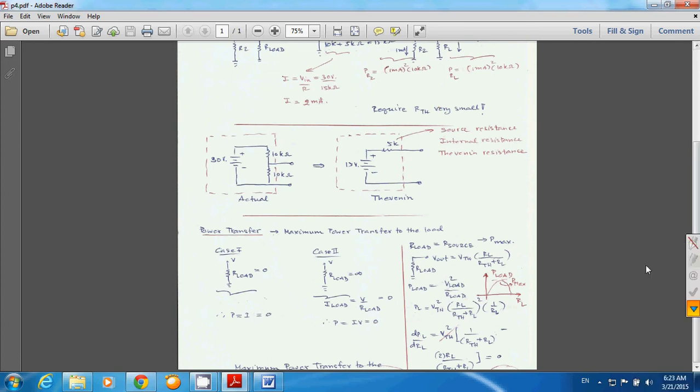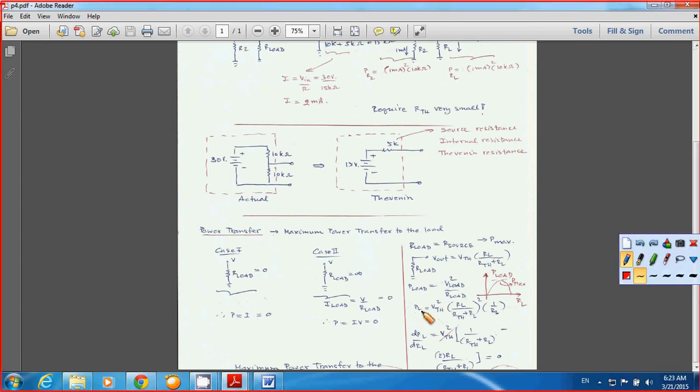Alright, so you differentiate here with respect to RL. You keep VTH squared, and you differentiate this term.